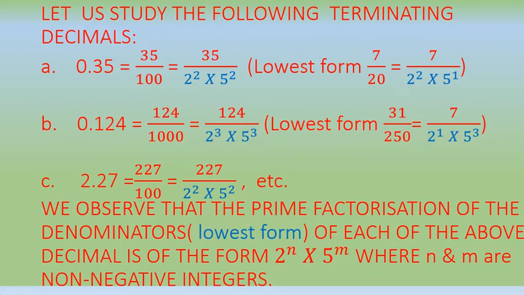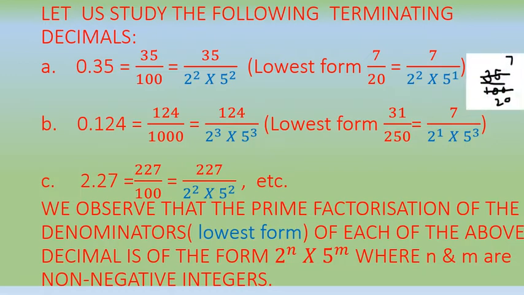Let us study the following terminating decimals. A: 0.35 is equal to 35 by 100, and if we factorize the denominator, then we get 2 square multiplied by 5 square. Now if we change this to the lowest form, we get 7 by 20.